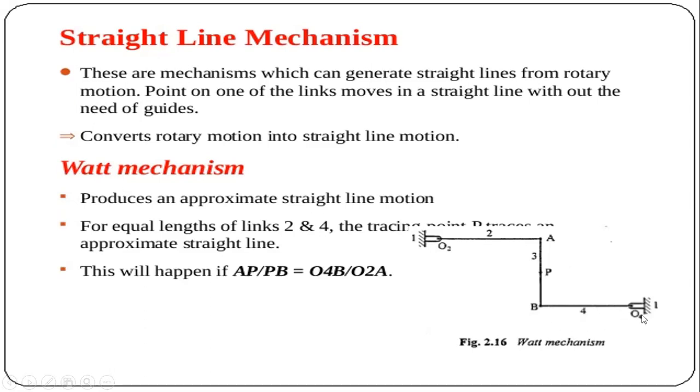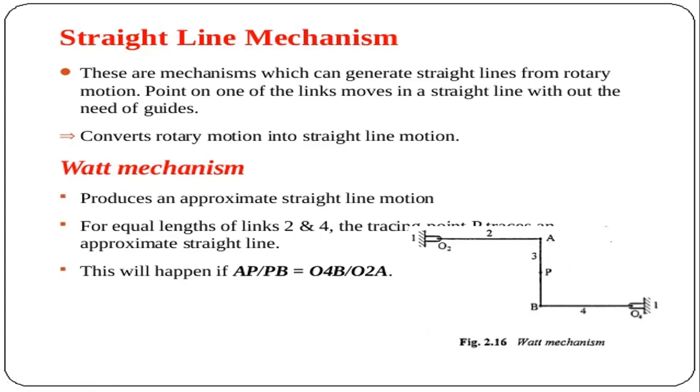O4B is one link, and O2A is another link. So AP by PB is equal to O4B by O2A. We are taking similar lines here, and this is the condition to be satisfied.